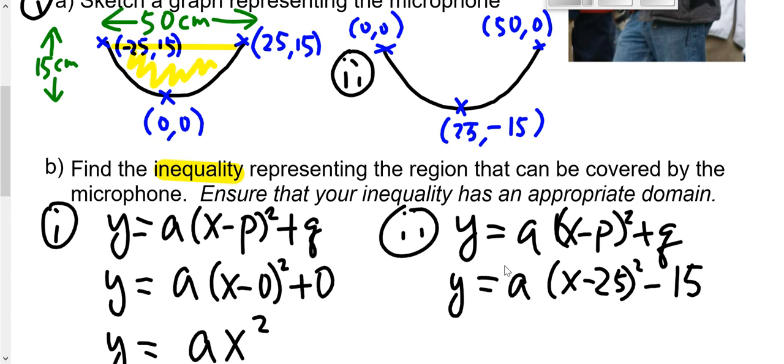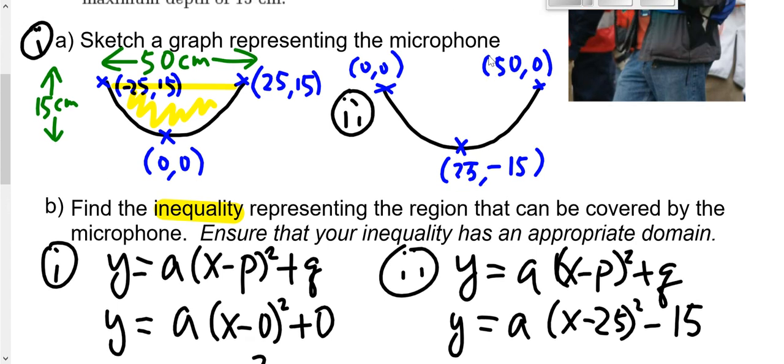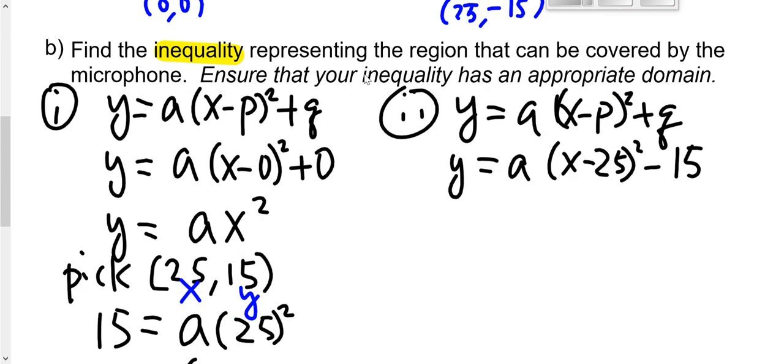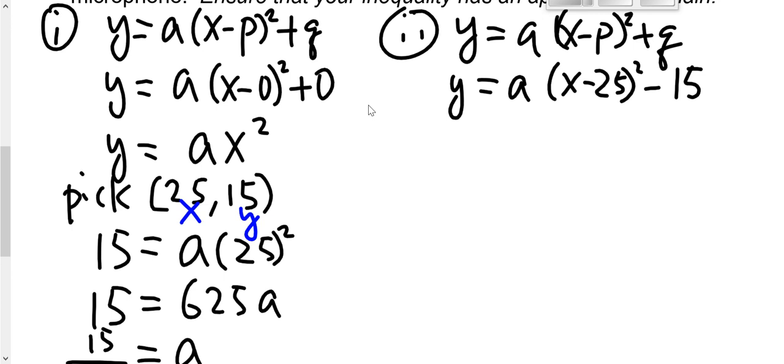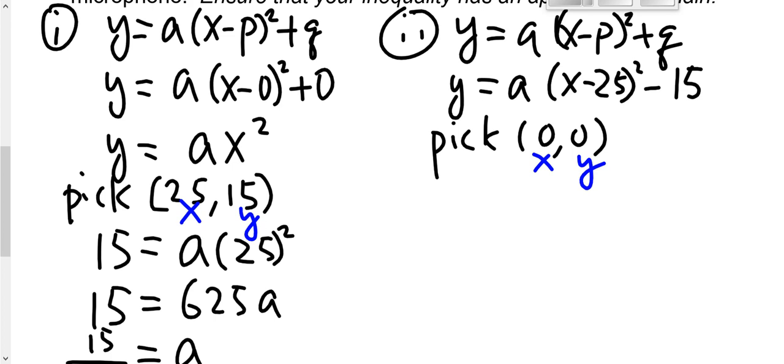So if you look at this, there's nothing wrong if you pick 50 and 0, but I'll definitely pick 0 because that's easier. So pick the point 0, 0. So in this case, my x is 0, my y is 0.